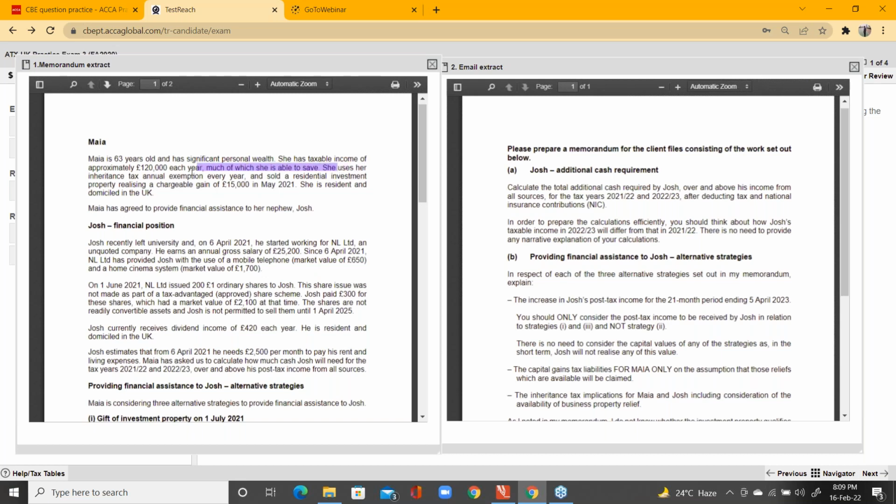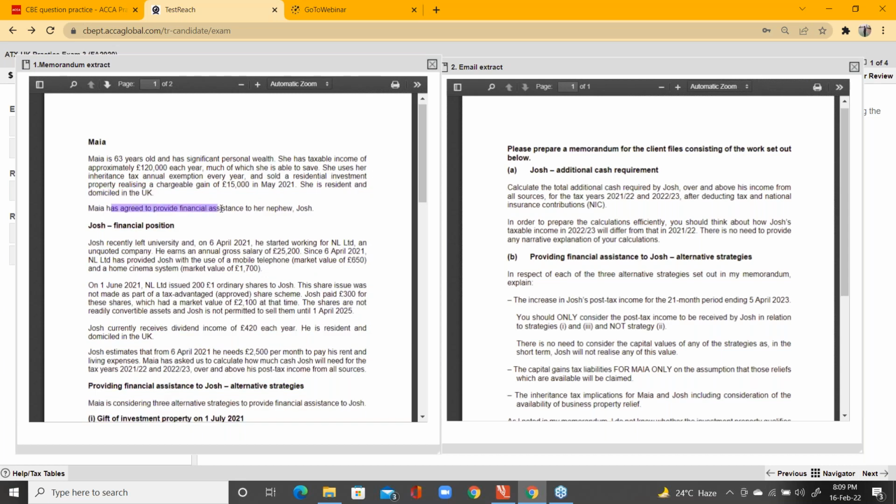She uses her inheritance tax annual exemption each year, which means if there would be any IHT arising, that annual exemption would not be available. She sold a residential investment property, raising a chargeable gain of 15,000 in May 21. She is resident and domiciled in the UK.